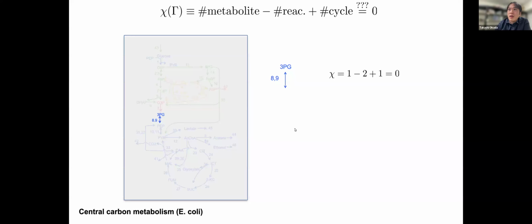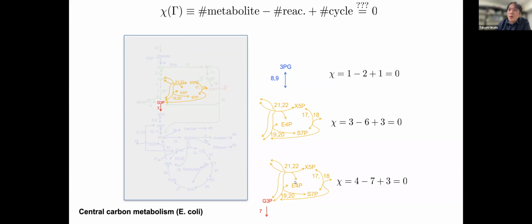And there are many buffering structures in this network. For example, this subnetwork is a buffering structure. This yellow part is also a buffering structure. And this yellow part plus red part is another buffering structure. And there are 17 buffering structures in total.